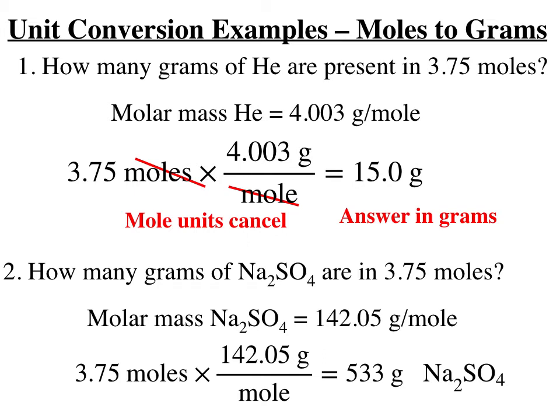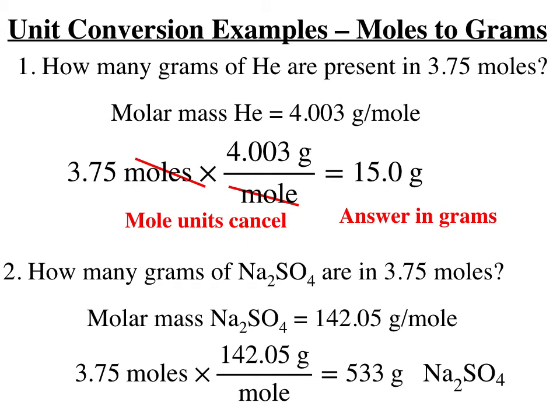I want to get rid of the moles and leave my answer in grams. So essentially I'm multiplying by the molar mass in order to cancel the mole units, and that leaves me in units of grams. So according to the dimensional analysis, take 3.75 times 4.003 divided by 1, and that would tell me to weigh out 15 grams of helium if I want 3.75 moles.